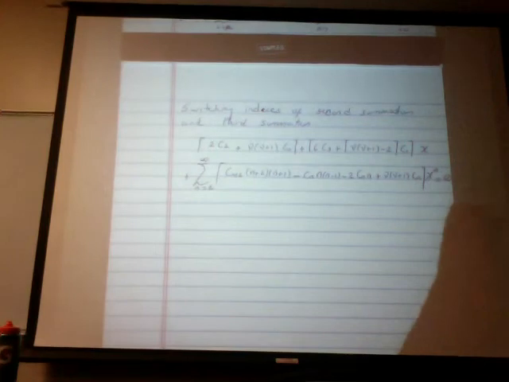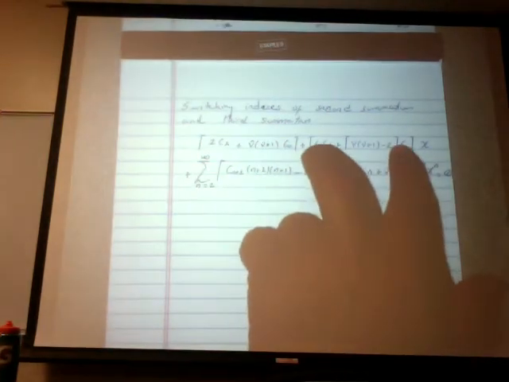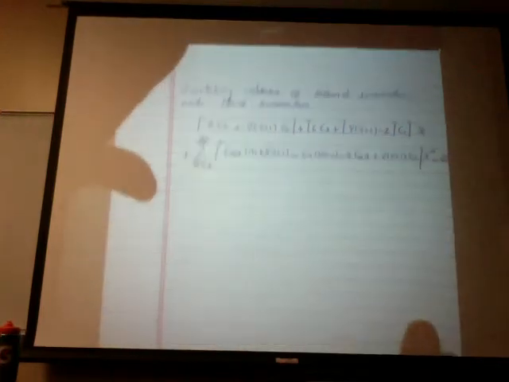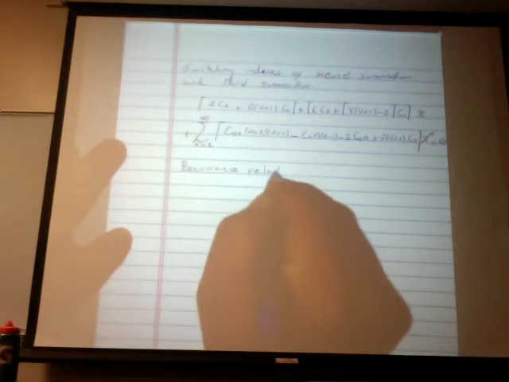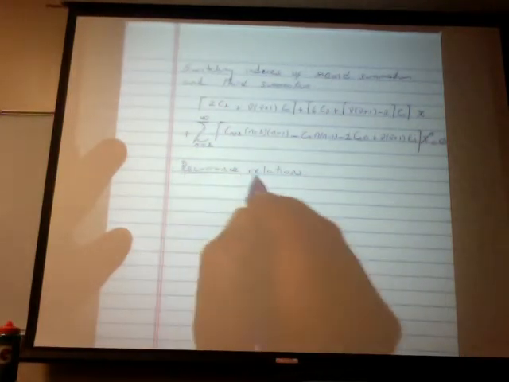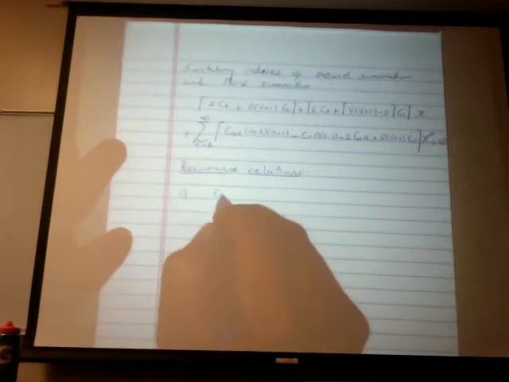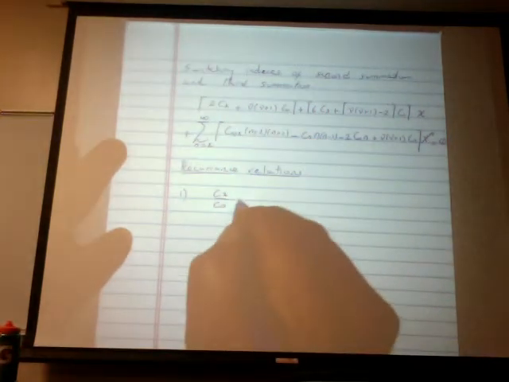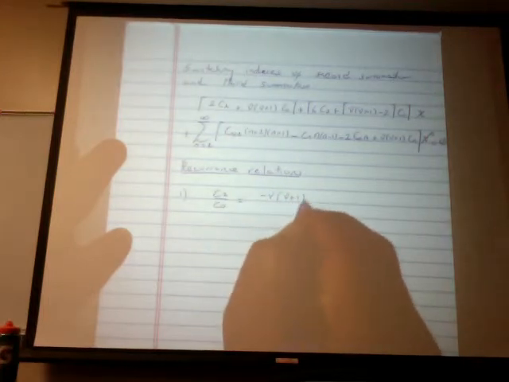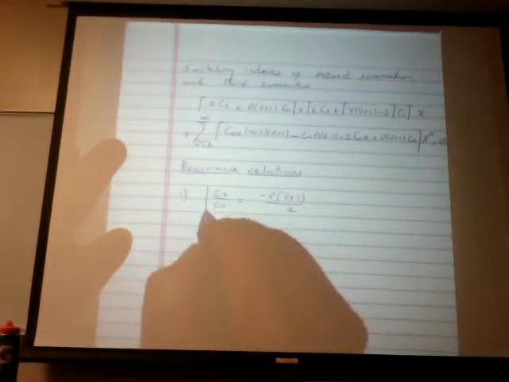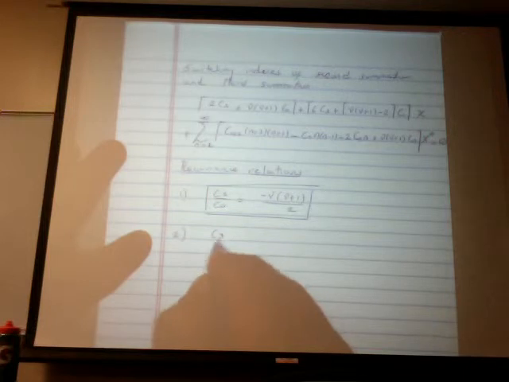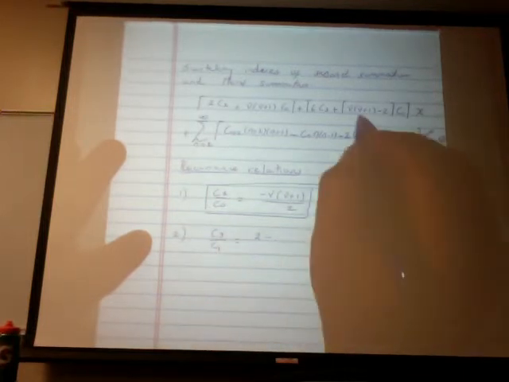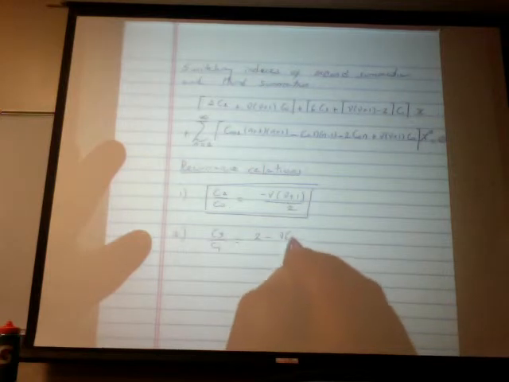So for all of these to be 0, this needs to be 0, this needs to be 0, and this needs to be 0. So this leads to the recurrence relations. The first one says that C2 over C0, this one is from here, is equal to minus nu plus 1 divided by 2. C3 over C1 is equal to 2 minus nu plus 1 divided by 6, this comes from here.